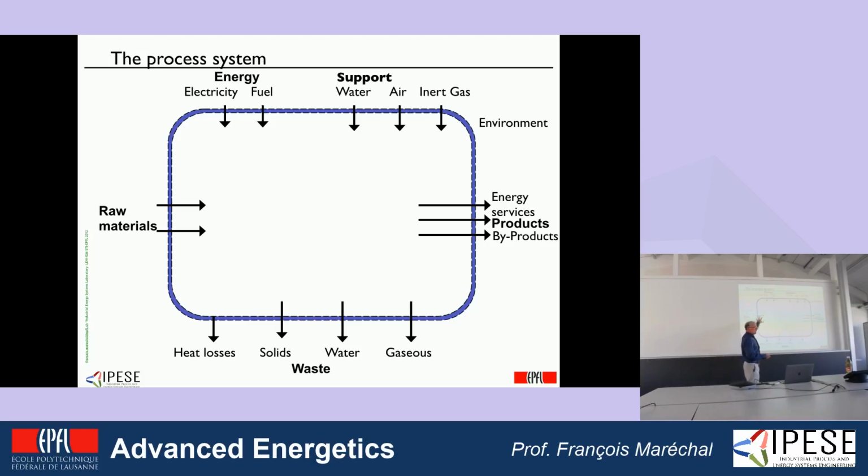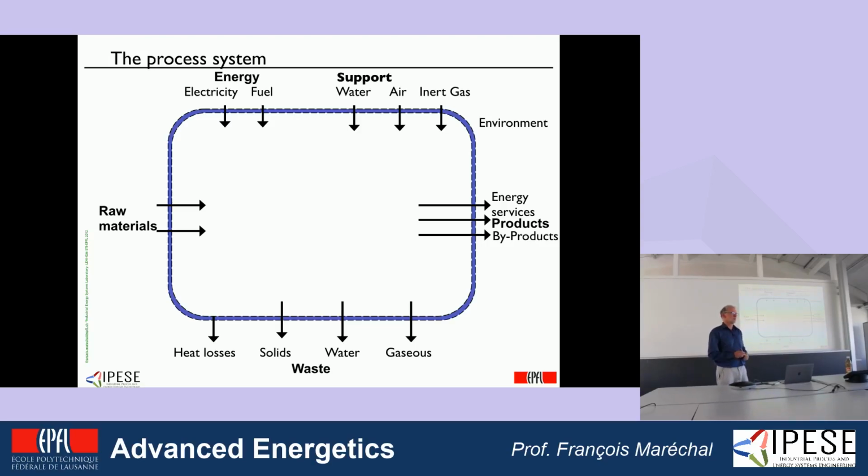And then what I'm going to do is write the energy and mass balance, which is going to define the flow that is not ending in products, which is finally the waste that I'm going to produce. The waste can be the emissions into the environment, the liquids that I'm going to release, the solids that I'm going to release, and even the heat losses, so the amount of heat that I'm wasting in the environment.